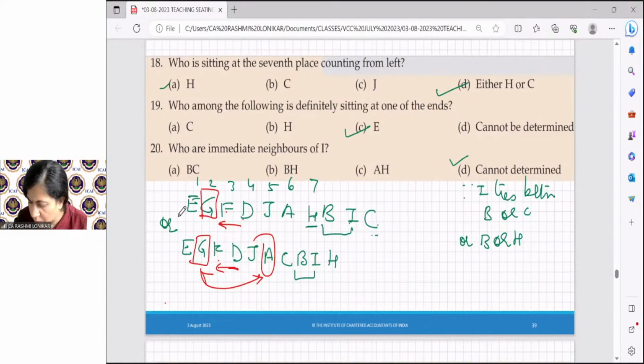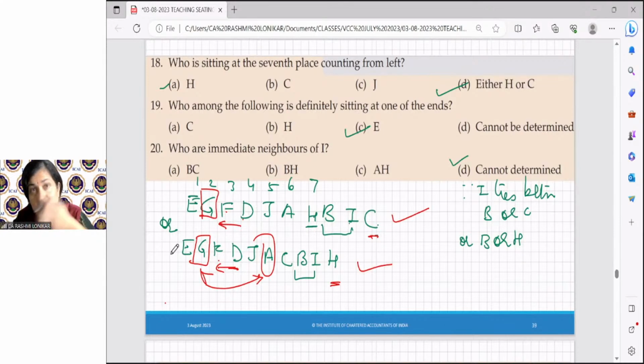Subiksha, why not option A for 19th? Who among the following is definitely sitting at one of the ends? See, because this or this is there. Either you can have this formation or this formation. Here, who is sitting to the left? C. Who is sitting here? H. But on the left hand side, who is always sitting there? E is always there.